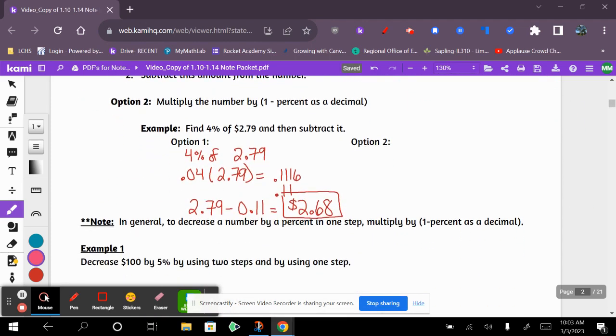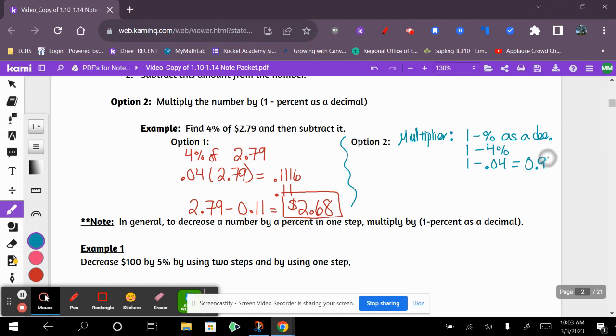Looking at this example, the same idea. We're looking at a percent decrease. So to get our multiplier, because it's a decrease, it is going to be 1 minus the percent as a decimal. So this will be 1 minus 4% as a decimal. So that's 1 minus 0.04.